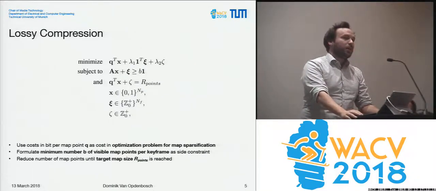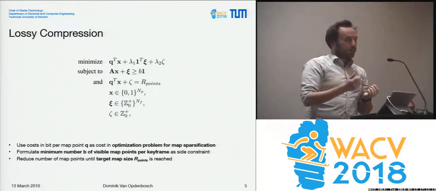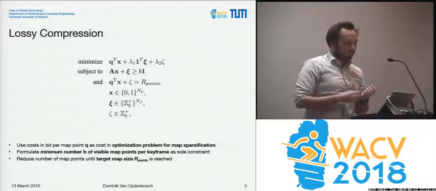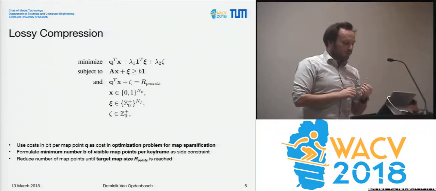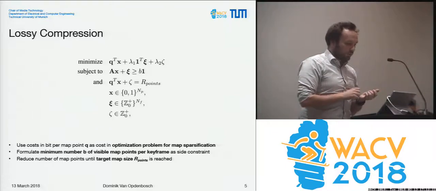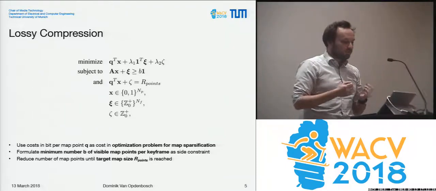For the lossy compression part, we tightly couple the compression and the removal of feature points by using the bits per map point Q as costs in the optimization problem for the map sparsification, so removing unnecessary information.